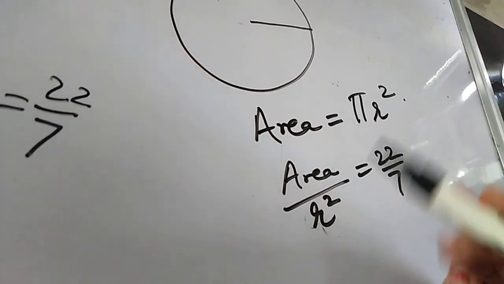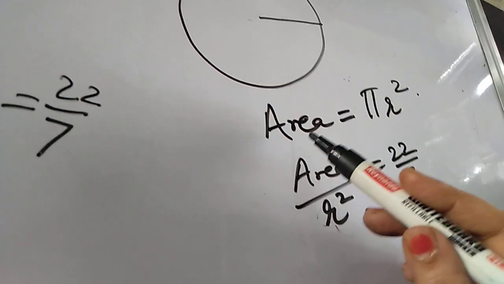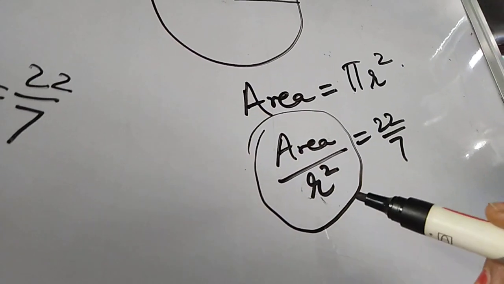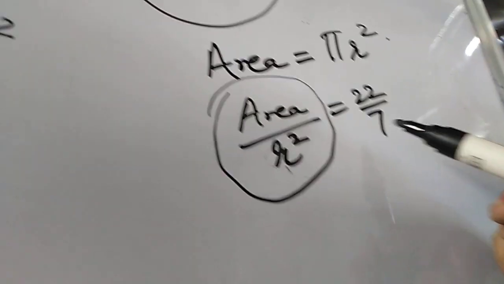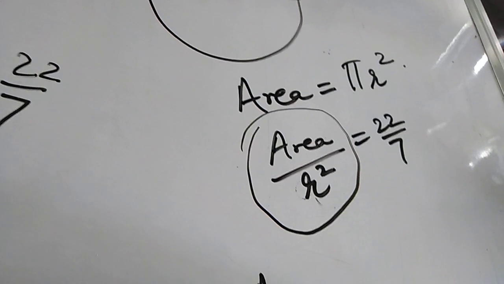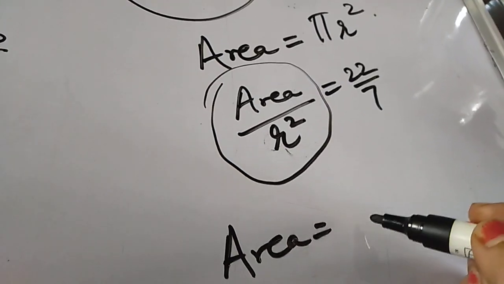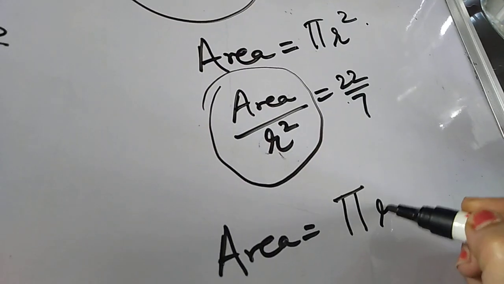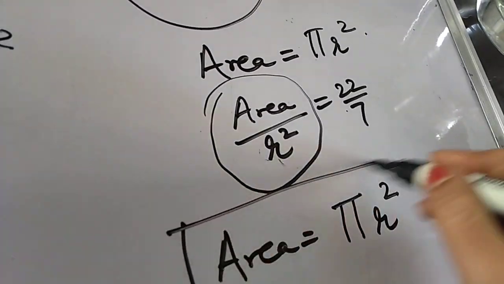Yes, area was different, radius was different, but the relation between area divided by the square of radius was always coming equal to 22 by 7. So again he made this formula, that area is equal to pi, which is 22 by 7, into the square of radius. Clear?